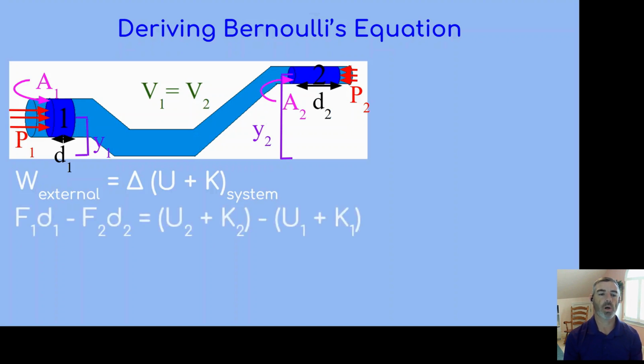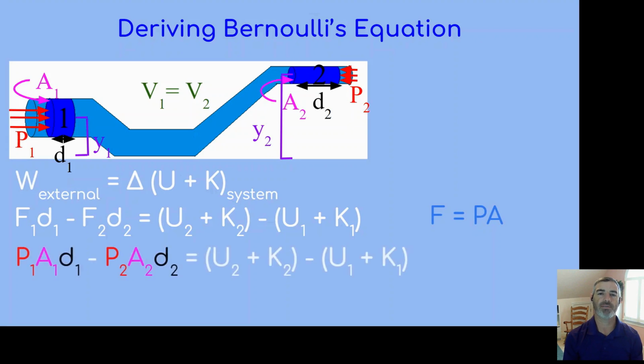So we can substitute work as F1 D1, the force that's being applied on the water on the left side, minus the force that's being applied on the right side across that same distance. And then we can substitute the change as the second amount of mechanical energy, potential and kinetic, minus the first through that first volume. Now we also know from previously that force is equal to pressure times area.